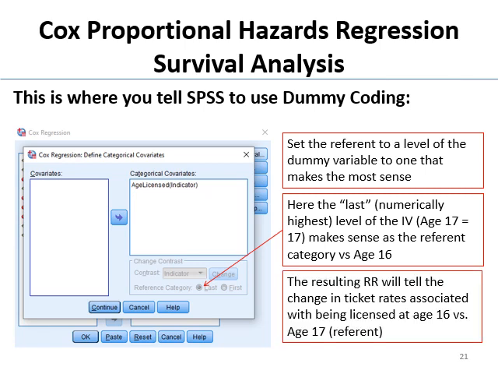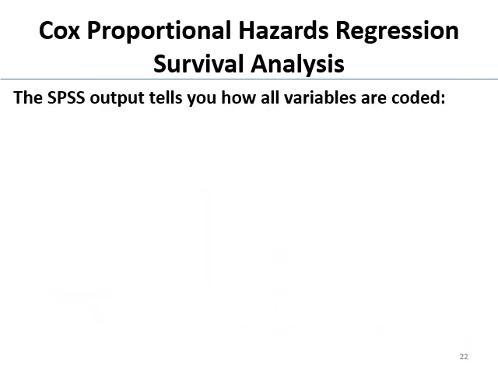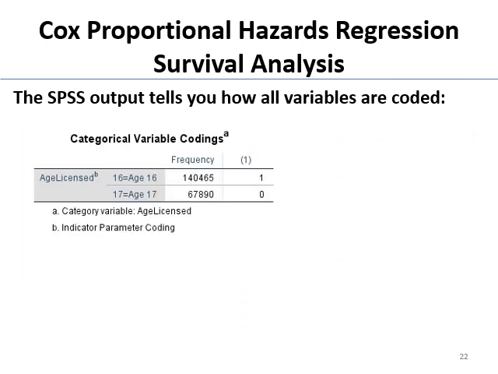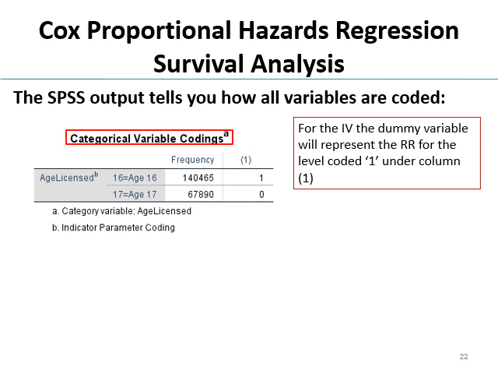So again, the resulting rate ratio, because we clicked last and click change, will be the change in ticket rates associated with being licensed at age 16 versus age 17. So SPSS, thank God, tells you how the variables are coded. It's got that categorical variable codings table again, and you can see the group that's coded 1 here is the group that's represented by the rate ratio.